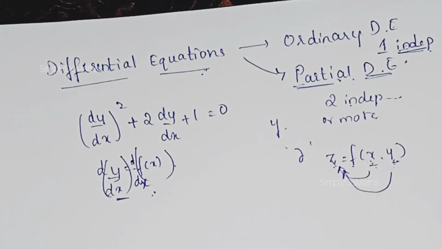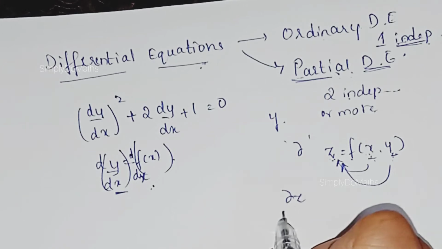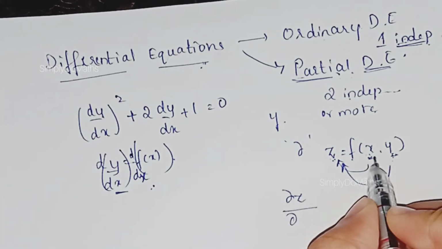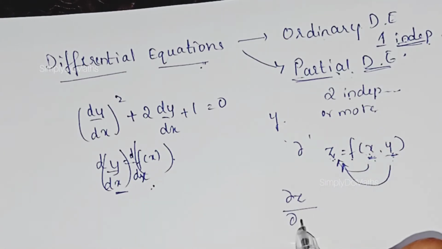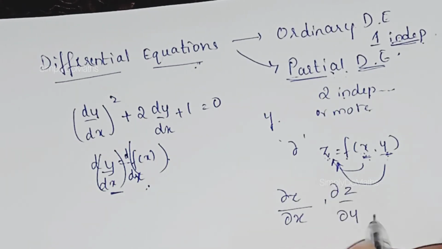So we represent partial derivatives as dou z by dou x, with respect to x, and dou z by dou y, with respect to y, two possibilities, since these two are the independent variables.